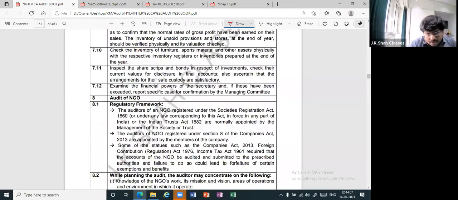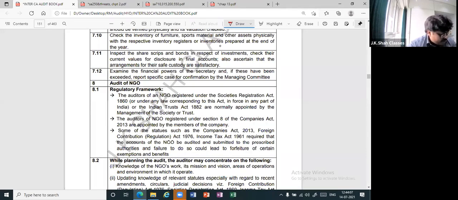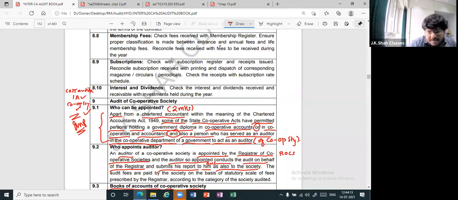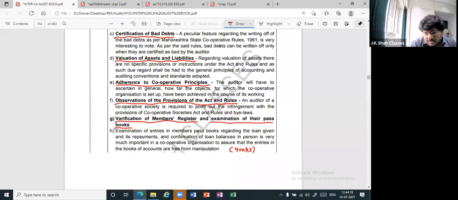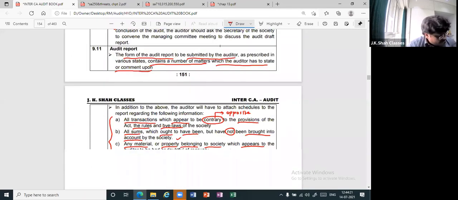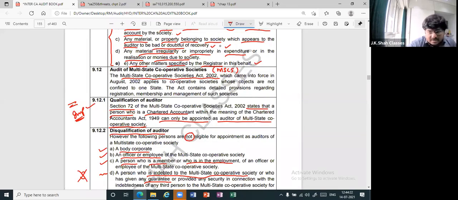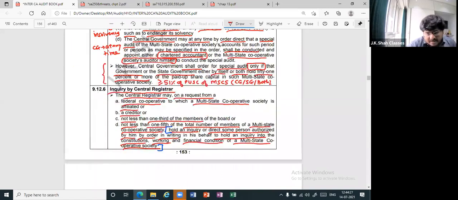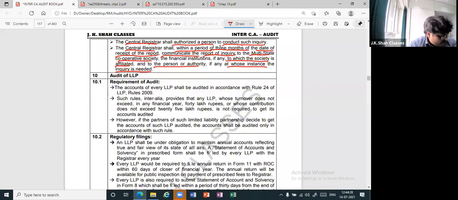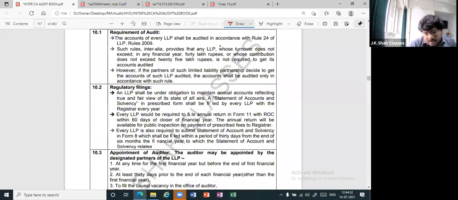Okay. Thereafter, go down. Can I say, oh my god, cooperative society. Cooperative society members don't know as much as you know about cooperative society. Thereafter, multi-state cooperative society. Similar to company audit though, a bit. Thereafter, LLP. Oh, go down. Hire purchase. Done. Leasing.